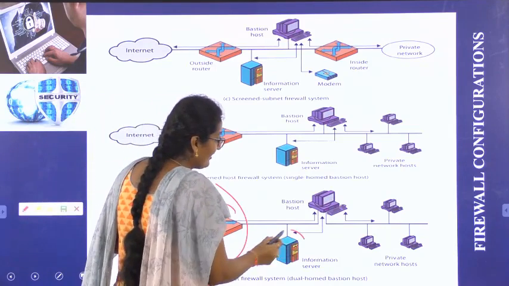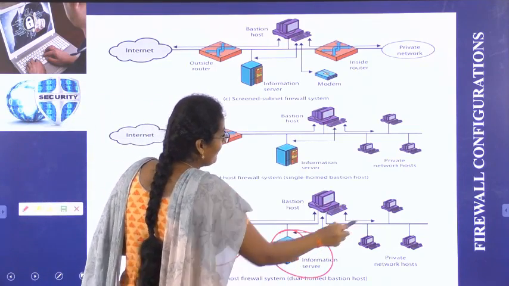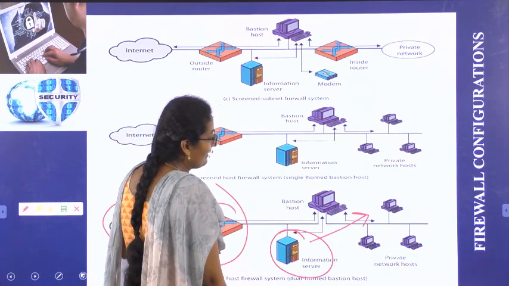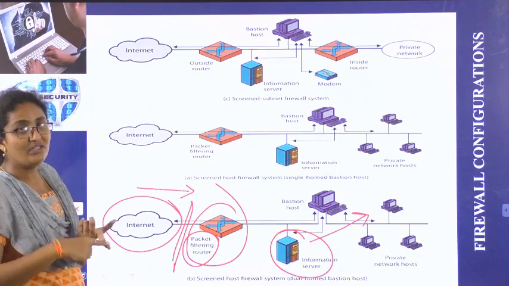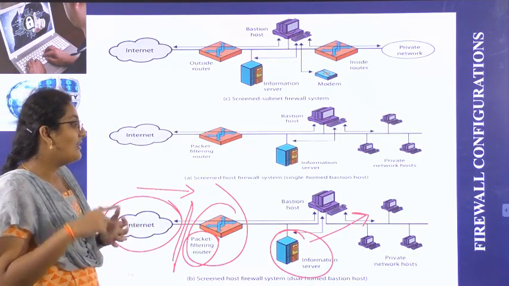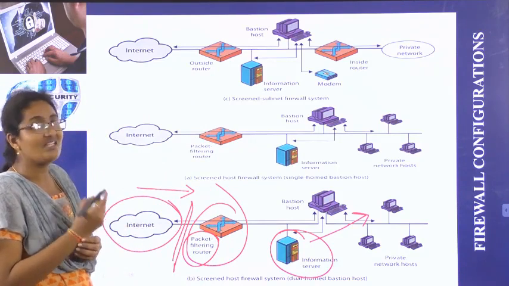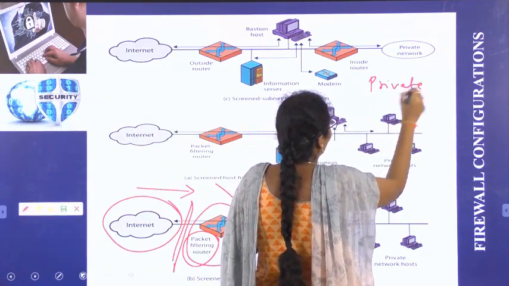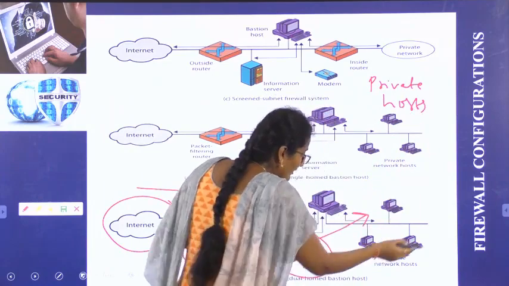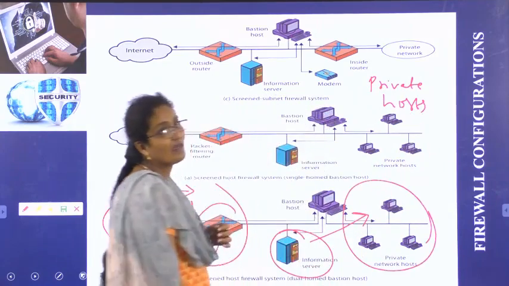Same way it will pass the information to the database. From database that information is given to all the workstations in the base station. All the workstations are computers, base station is a network, and computers in that base station are called private host.